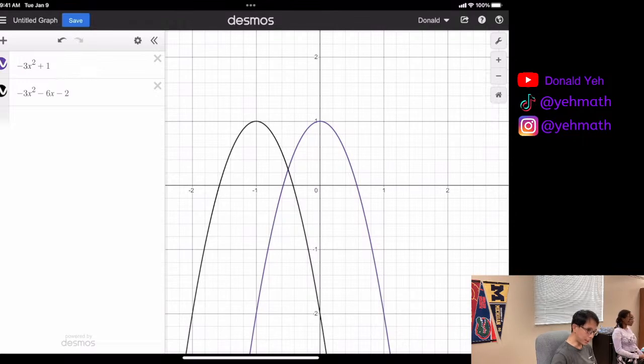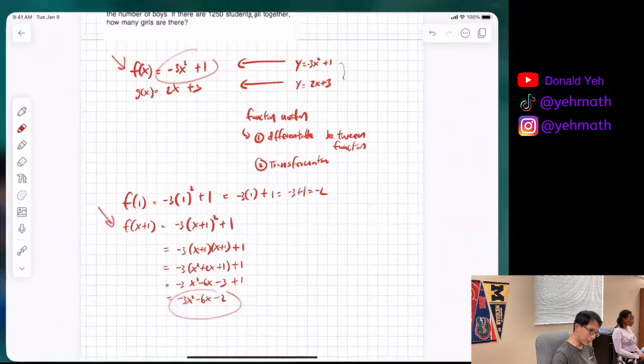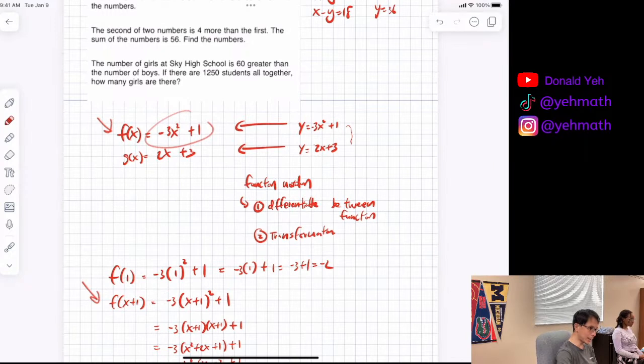So let's talk about this again. At first, this is f of x. And if I plug in x plus 1, the function moves left 1 unit. Exactly left 1 unit because of x plus 1. Whatever is inside the parenthesis is always opposite from the sign. So x plus 1 is moving in the x direction.